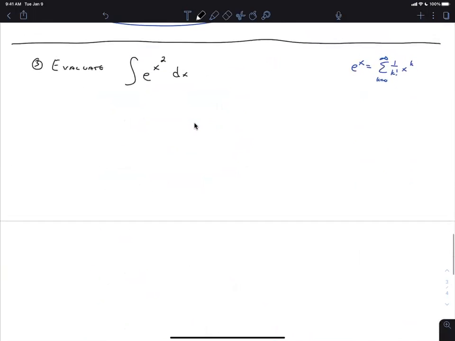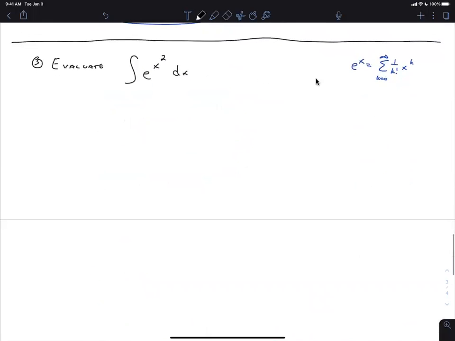And now let's go down here. So e to the x is the sum of 1 over k factorial x to the k. And so e to the x squared then is the sum k equals 0 to infinity of 1 over k factorial times x squared to the k dx.